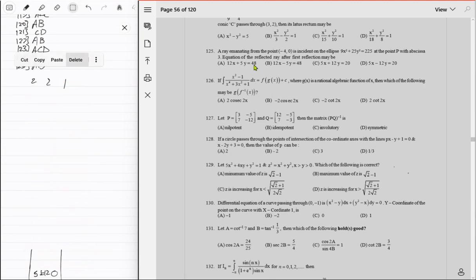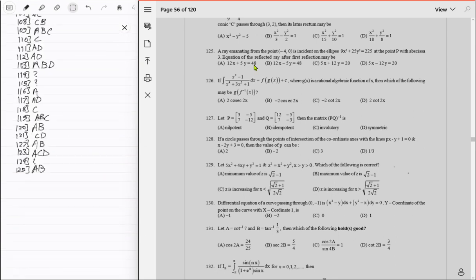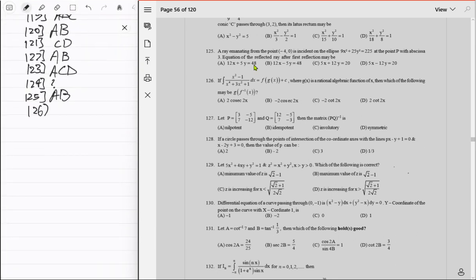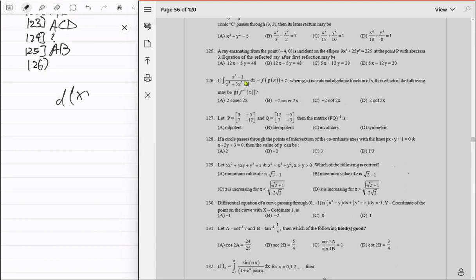These determinant methods are quite good. You don't need to find the whole line, or rather the slope and so on. Just put it in a determinant, do the row operations, and then you are good to go. Problem 126: if g is a rational algebraic function of x, following maybe g f inverse of x, then this integration is just equal to f of g of x plus c. Whatever x was divided to, just get 1 minus 1 upon x, like d of x plus 1 upon x. That becomes x square plus 1 upon x square plus 3, which is x plus 1 upon x whole square, plus 1, so tan inverse of x plus 1 upon x will come. So f is just tan inverse and g is x square plus 1 upon x.